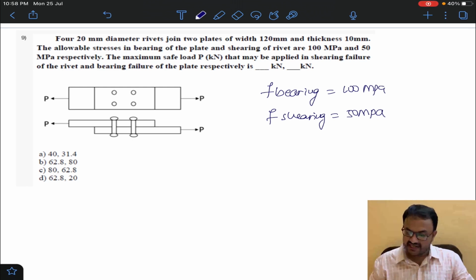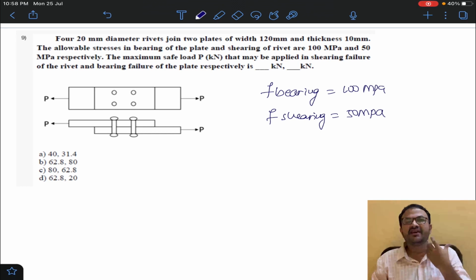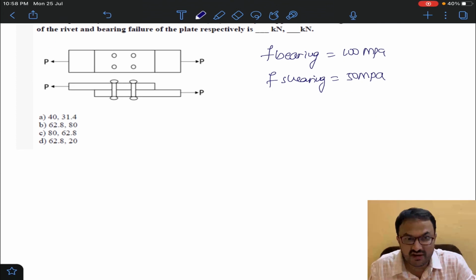respectively, and the maximum safe loads that may be applied in shear failure of the rivet and bearing failure of the plate respectively are, so how much safe load can we apply over this joint to cause no failure in shear and no failure in bearing. Now let me solve.